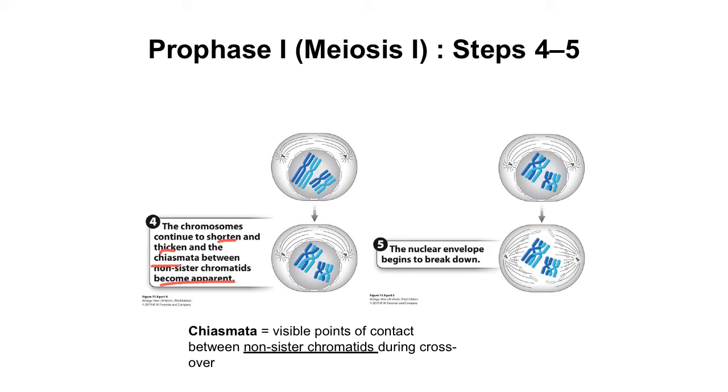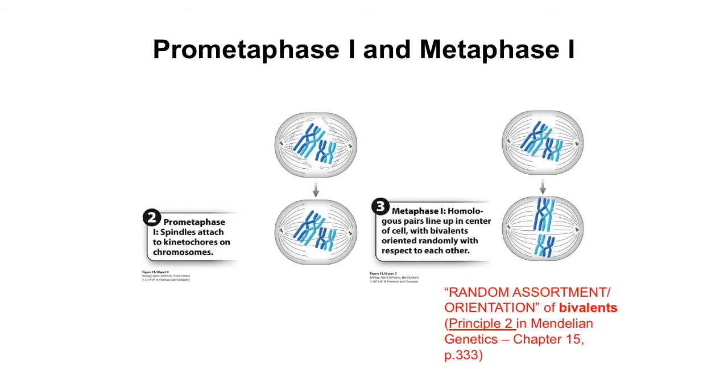And finally, the nuclear envelope begins to break down. Once the envelope begins to break down, that marks the end of Prophase I. The next stage of meiosis I is prometaphase I, which is closely followed by metaphase I.